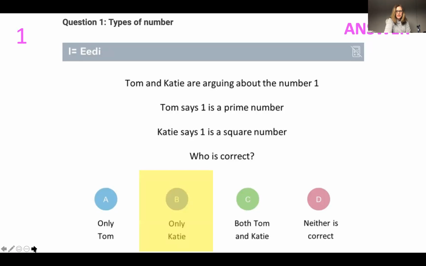Question 2, again, put your answer in your chat, but don't press enter until I say. Off you go.